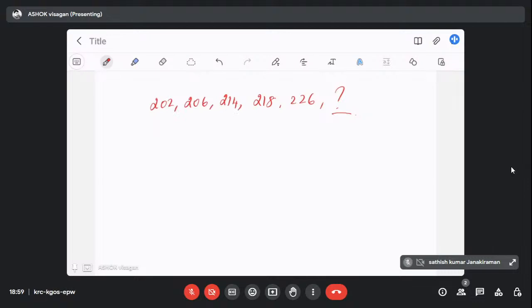I'll try to give you some options. Okay, just try to predict the answer. One is 230. Second is 236. Third is 245. Option D is 254.